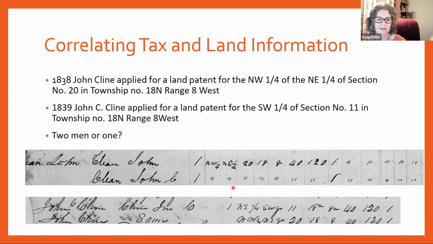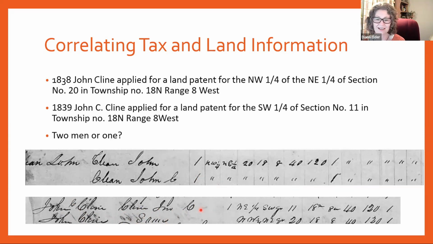It seems like this would be two here, but on this record we have John Klein, and then see where it says "same"? This means that this is the same person here, and I think they've just forgotten to put the C in here, but here they have the C. So I hope you can see how this is confusing. It's confusing me, and I'm just trying to figure it out, but I have more to come.